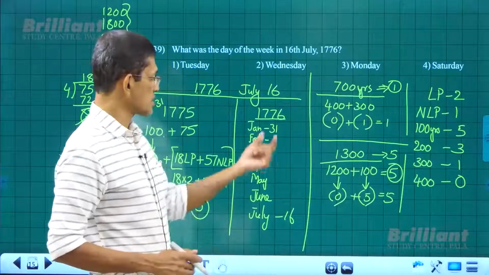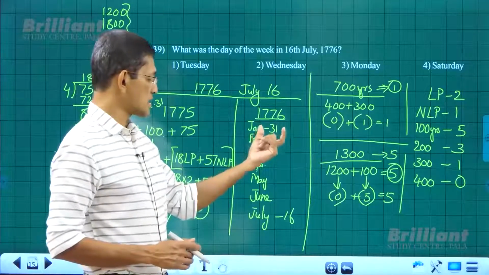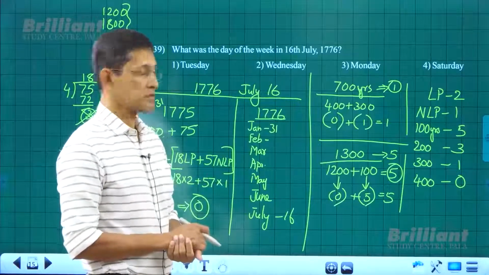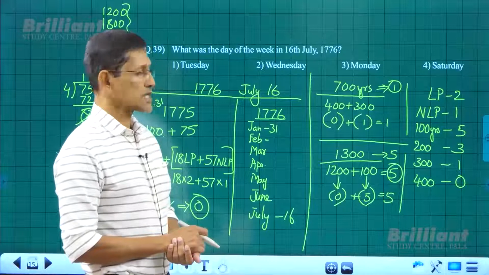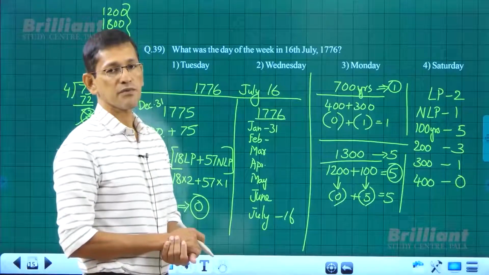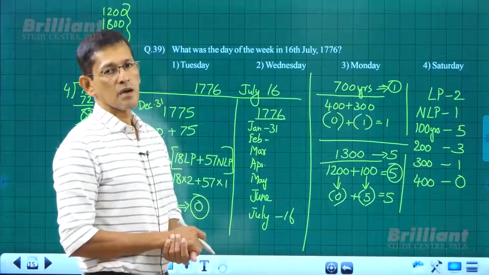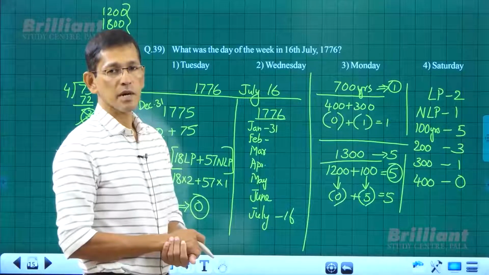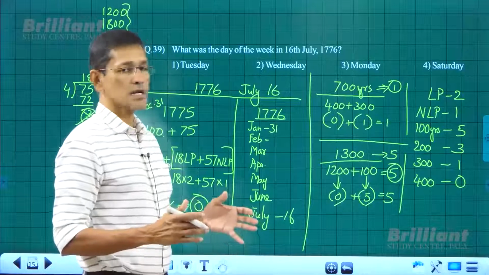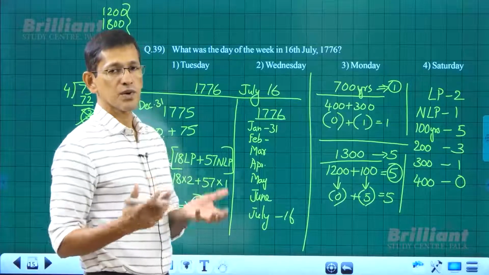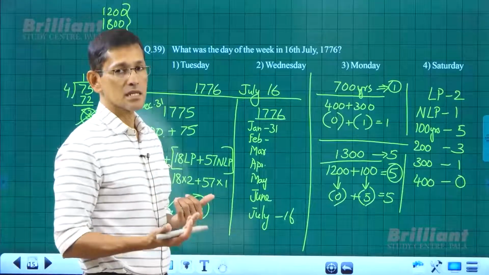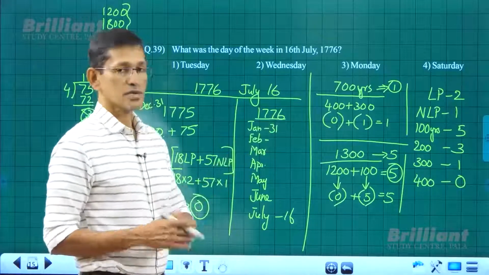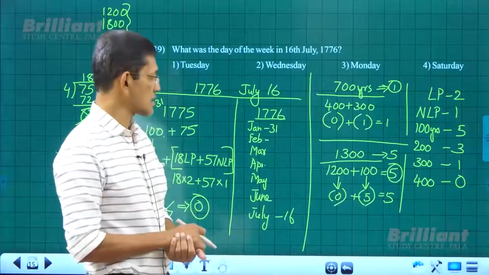The divisibility test for 4 is that the last 2 digits must be divisible by 4. So 76 by 4, is it a multiple of 4? The nearest multiple of 4 which we can easily remember is 80. 80 is a multiple of 4, and 80 minus 4 is 76. So 76 is a multiple of 4, so it's a leap year.